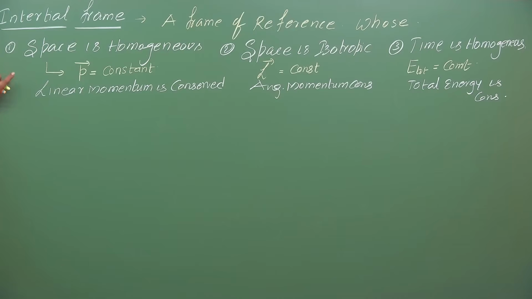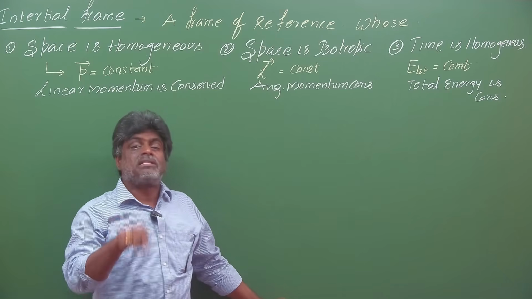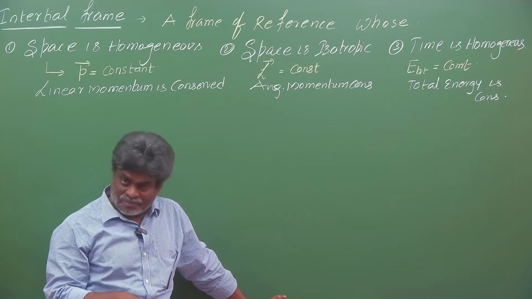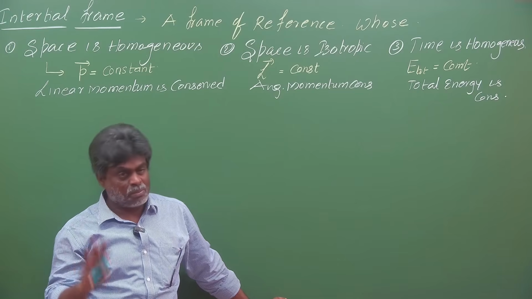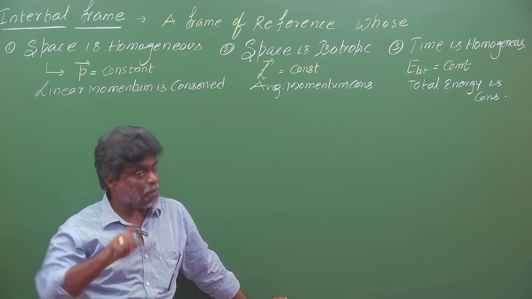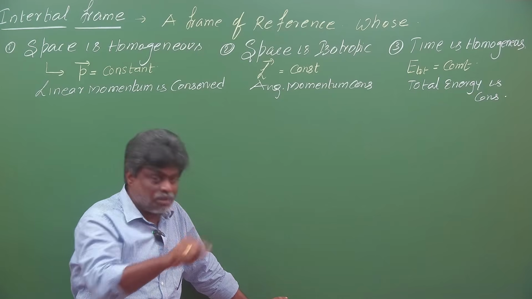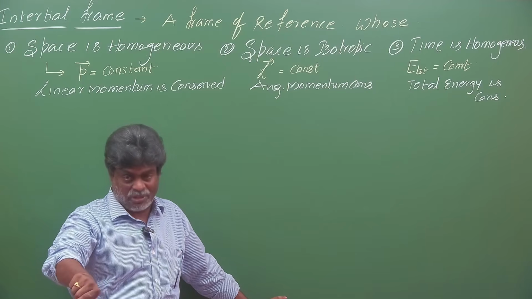Galilean transformation and Lorentz transformation are also defined for inertial frames only. The difference is that in Newtonian mechanics, space is absolute and time is absolute. In Galilean, space is not absolute, time is absolute.